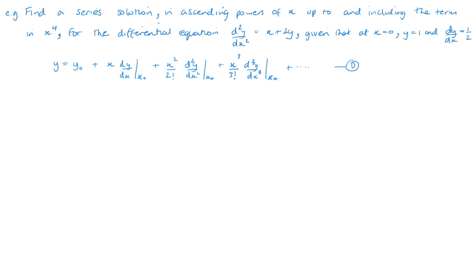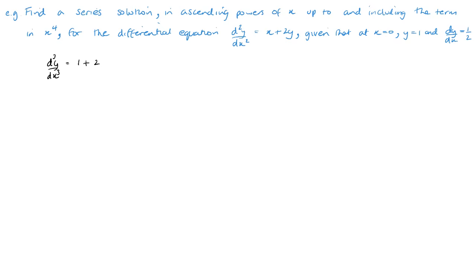Now I'll just get rid of this and we'll start. So differentiating, we get d3y by dx cubed equals 1 plus 2 dy by dx. And then differentiating again, I get d4y by dx to the 4 equals 2 d2y by dx squared.